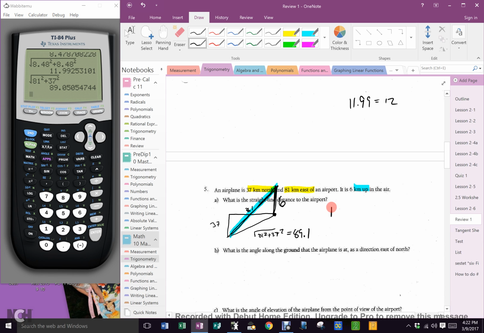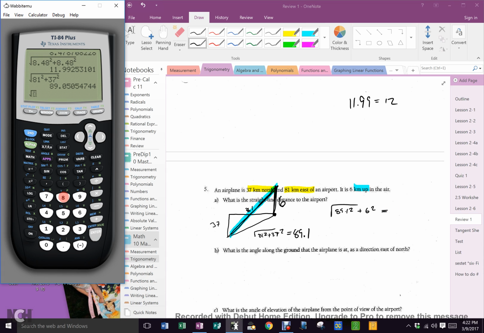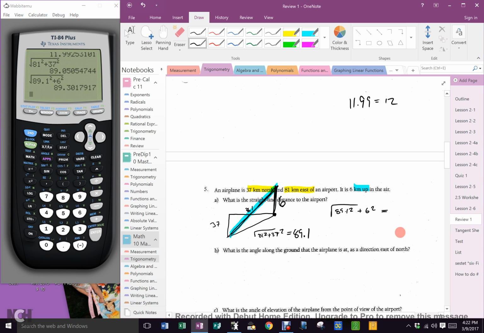So that is the square root of 89.1 squared plus 6 squared, which is 89.3.